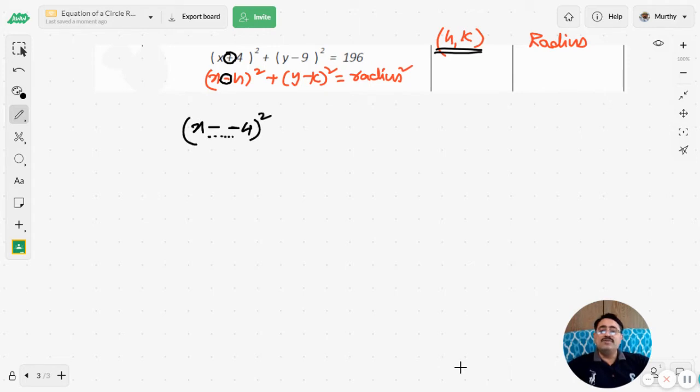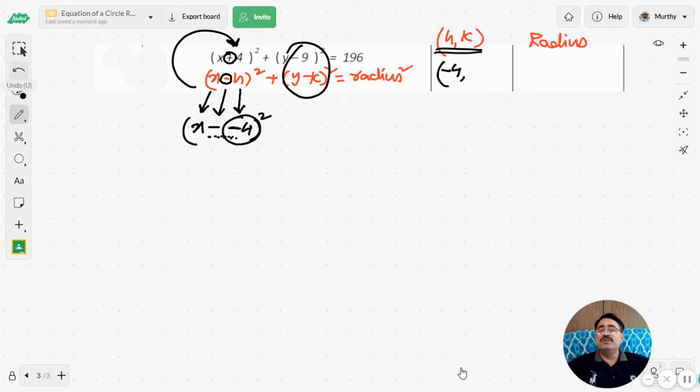Negative of negative gives you positive, right? Or else you may say that now x is matching, negative sign is matching, and the value of h equals negative 4. If you see a positive sign, just switch the sign and say negative 4. If it is negative, no issue. If it is positive, then you switch the sign and take it here. As simple as that. Now, what is the value of k? It is 9. So this is the center.